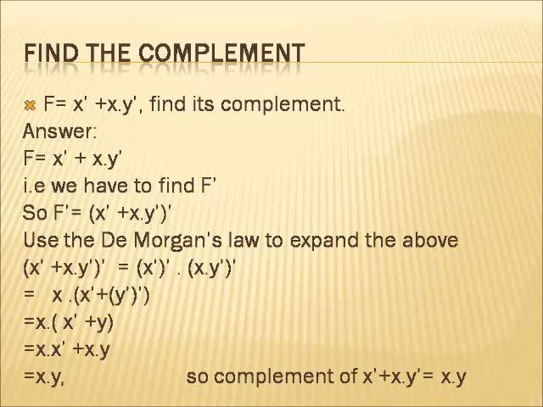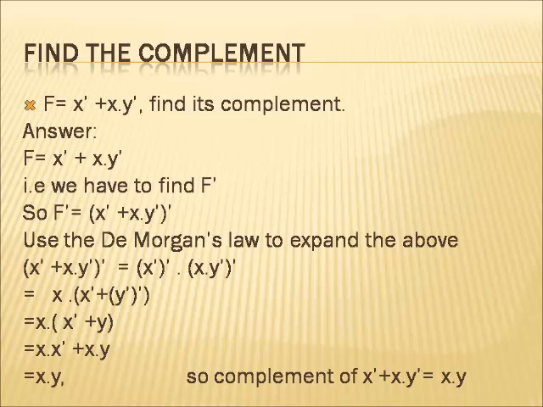So when we expand, you can see that x bar bar becomes x. Again x dot y bar the whole bar can be expanded more, that is x bar plus y. Again let's see the next term.